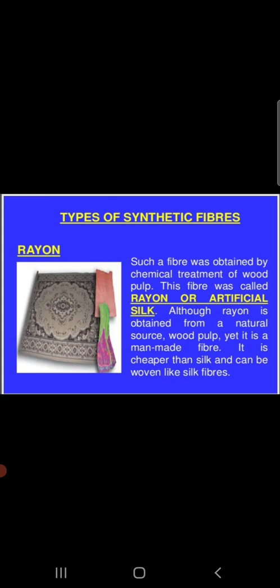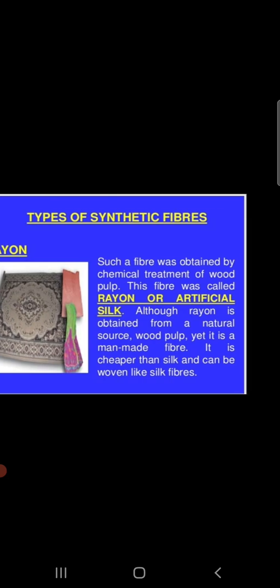Rayon is mixed with cotton to make bed linen, whereas when it is mixed with wool, it is used to make carpets. Rayon is also used to make fabrics for shirts, ties, etc. Rayon exists in 3 different varieties, that is viscose, cupro and acetate.